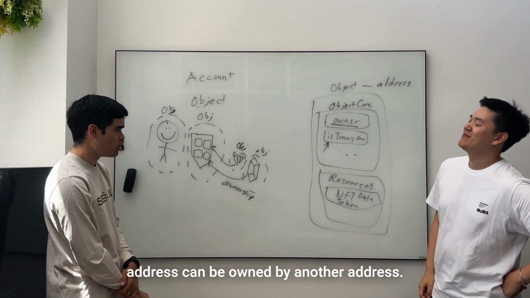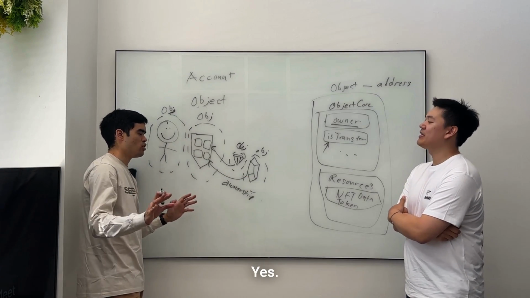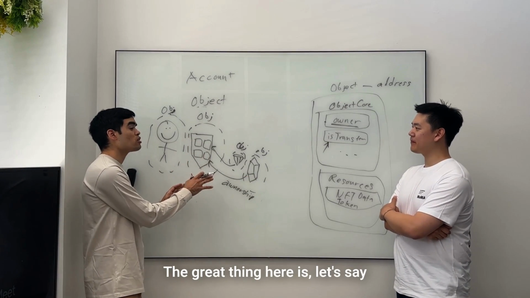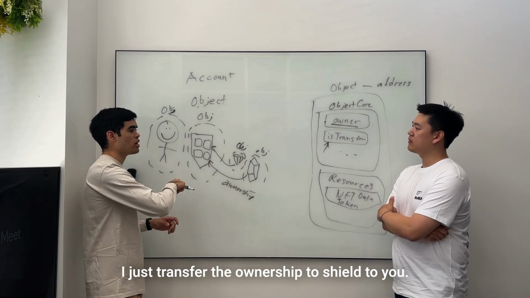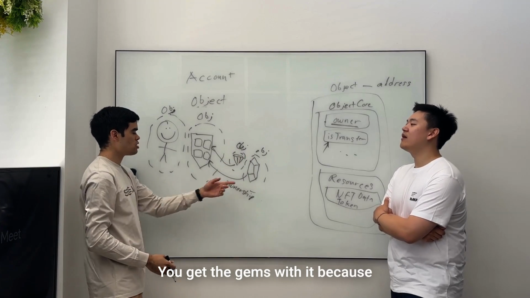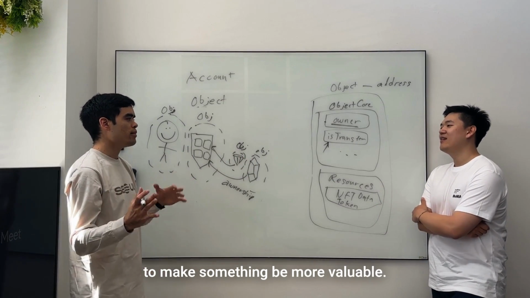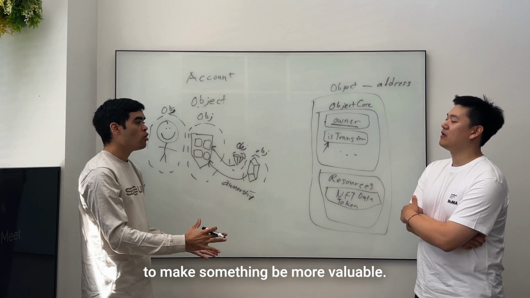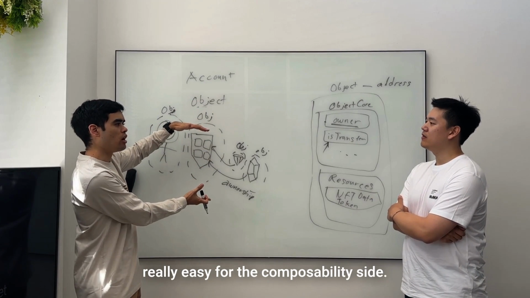So now these gems are in the shield. Let's say I want to sell my shield to you. I just transfer the ownership of the shield to you, and you get the gems with it because they're owned by the shield. That way you can make something more valuable while controlling the ownership, and it's really easy for composability.